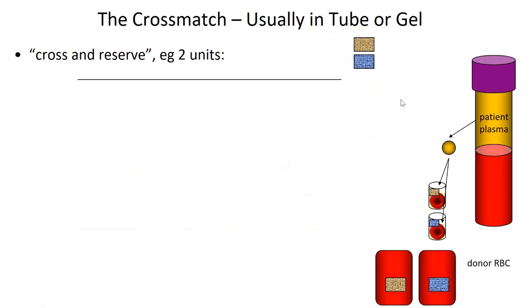The cross-match, usually done in tube or gel at our institution, can be spoken to in several ways. When we talk about crossing and reserving blood, for example, 2 units, let's say the corduroy and the denim unit, we can describe the nature of its cross-match compatibility by how that testing was done.